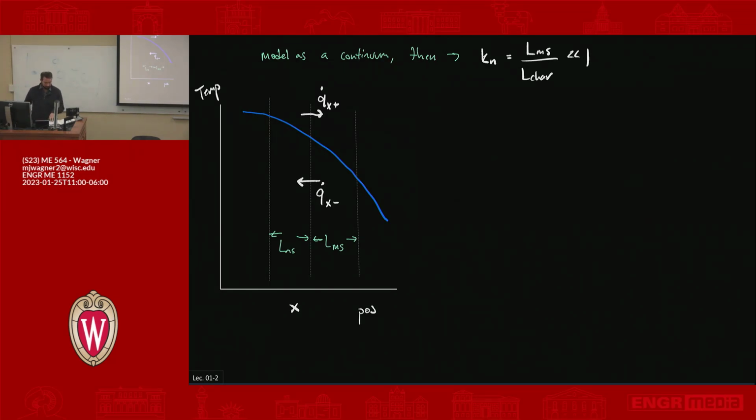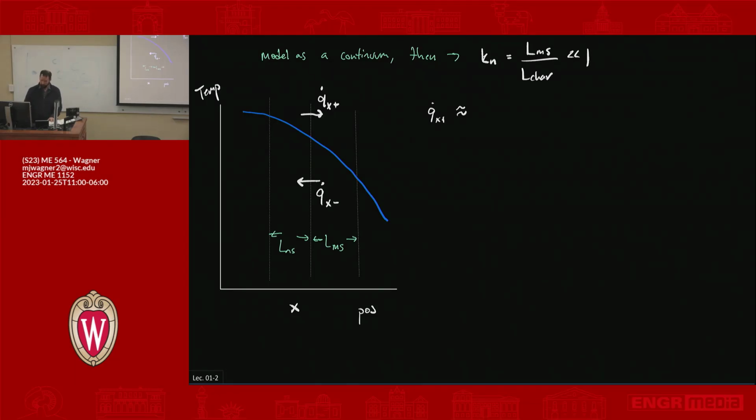All right, so let's look at this little boundary and write out some conceptual equations that help us describe it. Let's pick this Q dot x plus, and write out what is actually happening at the microscale.